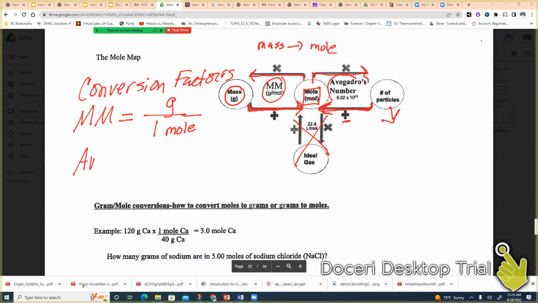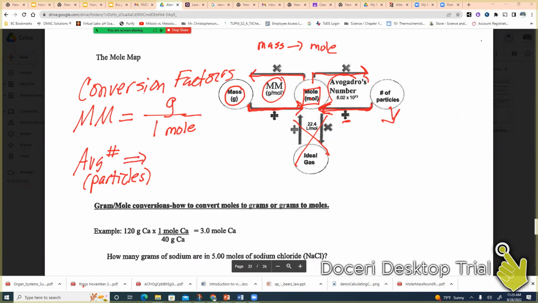We're also going to be using Avogadro's number. And your hint that you're going to need to use that is in the problem, there's going to be some kind of particle mentioned, whether it's atoms or formula units or molecules.